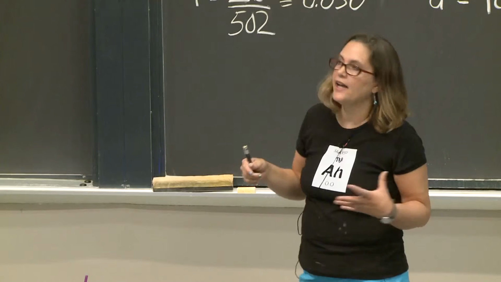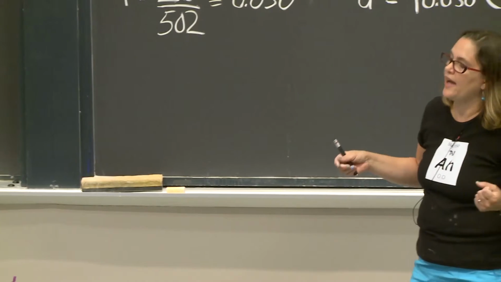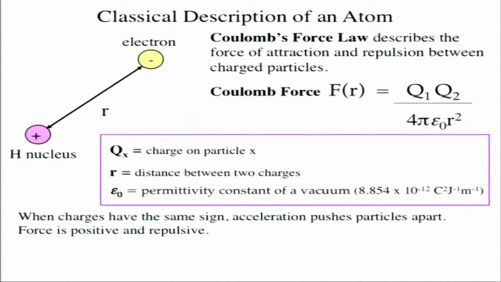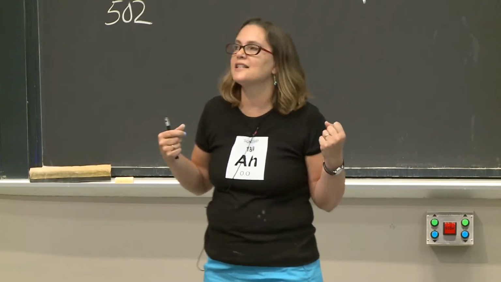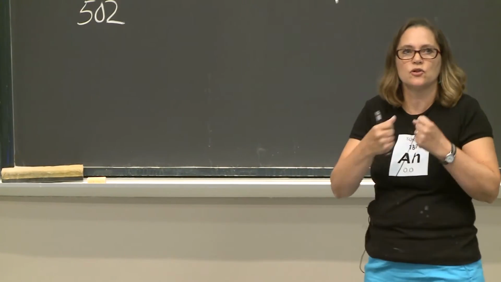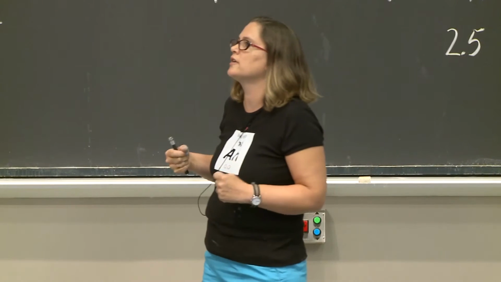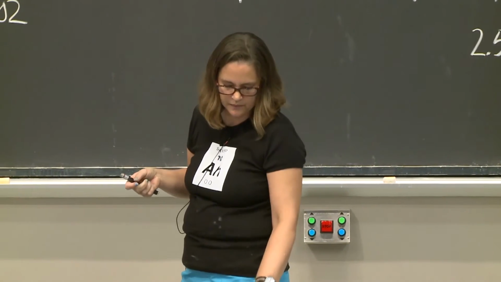So if you apply a force then, and you have charged particles, if those particles have the same sign, then acceleration should push them apart. The force should be positive and repulsive. So two things with the same charge don't want to be near each other. It's going to be repulsive.